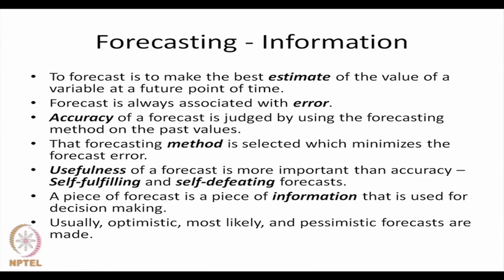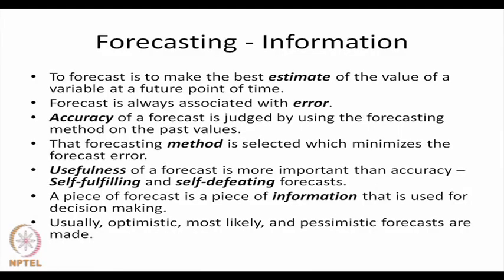In any case, a forecast is basically a piece of information, and every piece of information has a value. A decision is sometimes defined as an information converter. A decision is made on the basis of information.